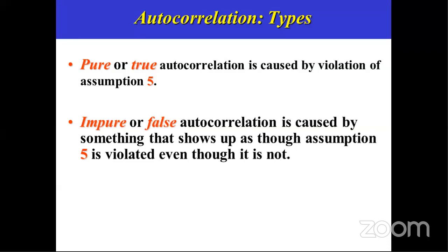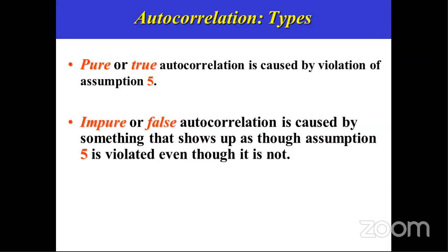The first type of autocorrelation is classified as pure autocorrelation and impure autocorrelation. The pure autocorrelation is also called true autocorrelation. The impure autocorrelation is also known as false autocorrelation. So the first classification of the types is pure and impure, or true or false.